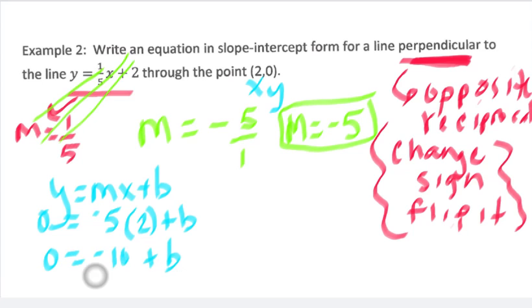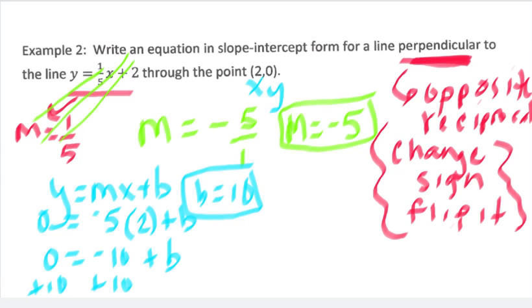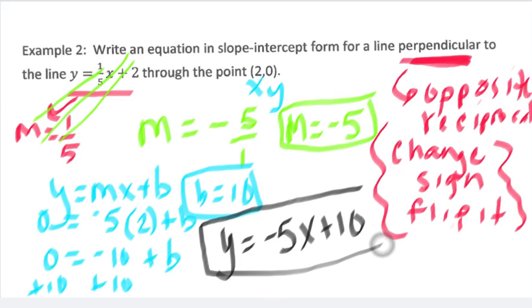So now we're just going to solve this. We add 10 to both sides. We get b is equal to 10. Now I'm just going to rewrite this equation using my new m and the b that I solved for. The only thing that is different here is we are finding the slope a little bit different.